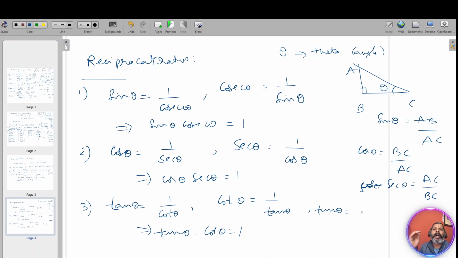Tan theta is opposite by adjacent. What is opposite? AB. Adjacent is BC. Okay. Then cot theta is what? Adjacent by opposite. Cot theta is equal to BC by AB. So thus these are reciprocal ratios.